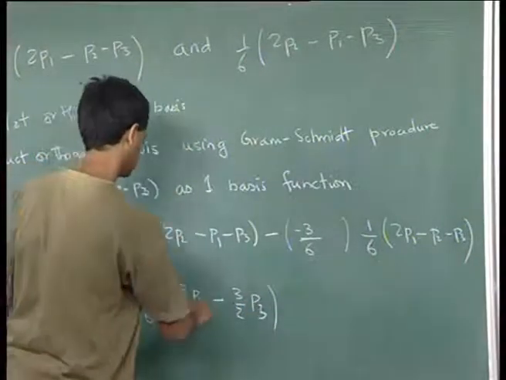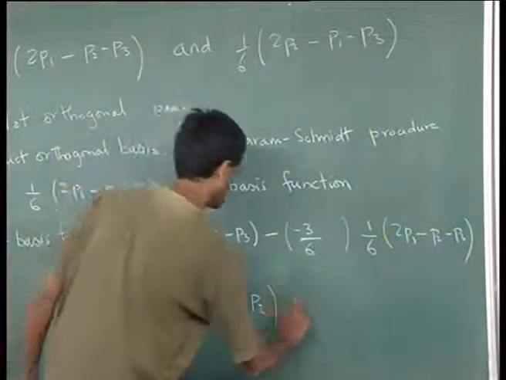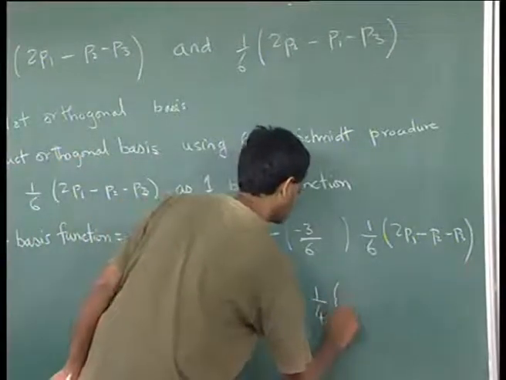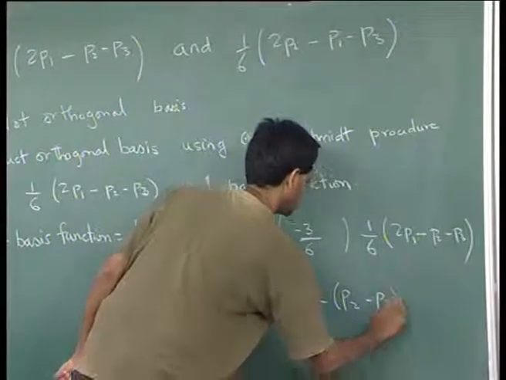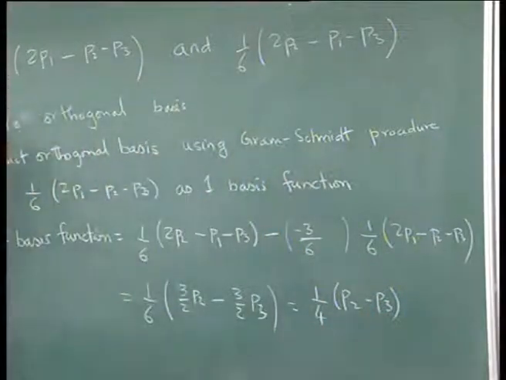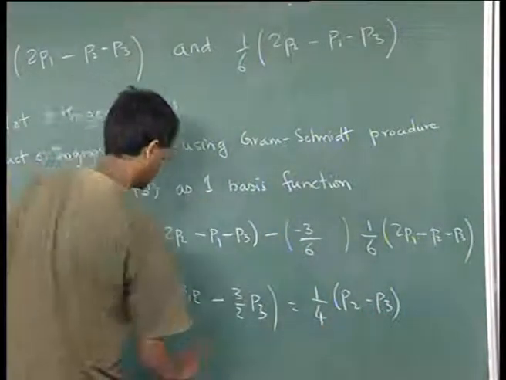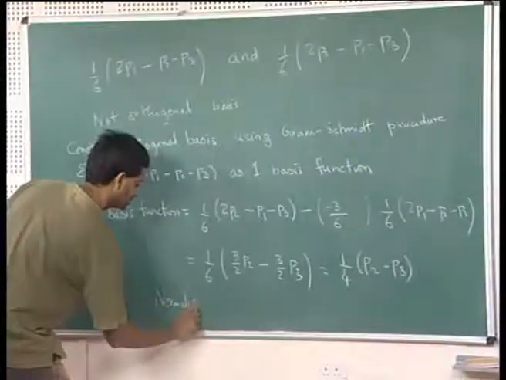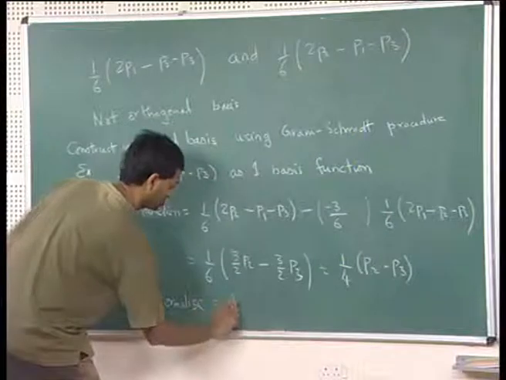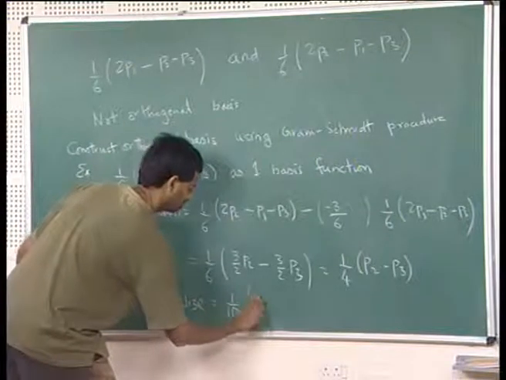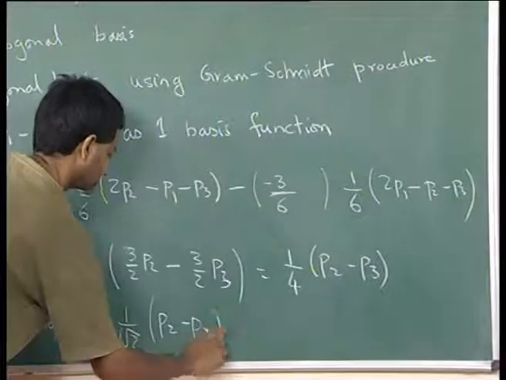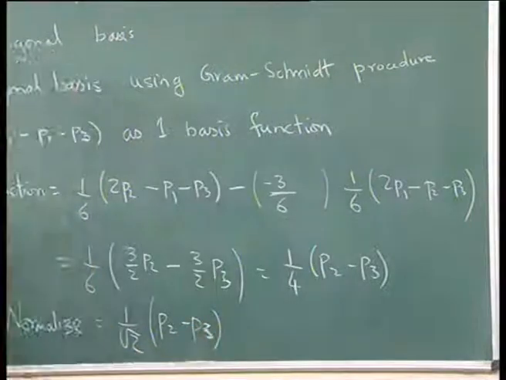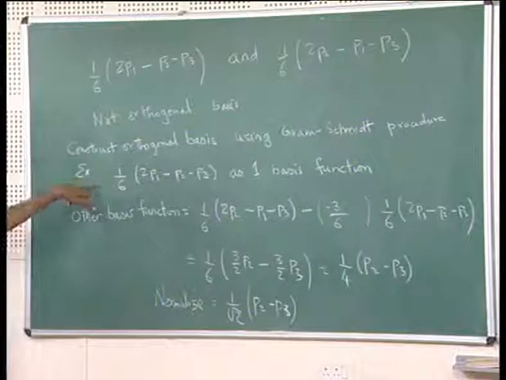So I can write this as 1 by 4 (p2 minus p3), and if you normalize it, you get 1 by root 2 (p2 minus p3), and this is orthogonal to this basis function.